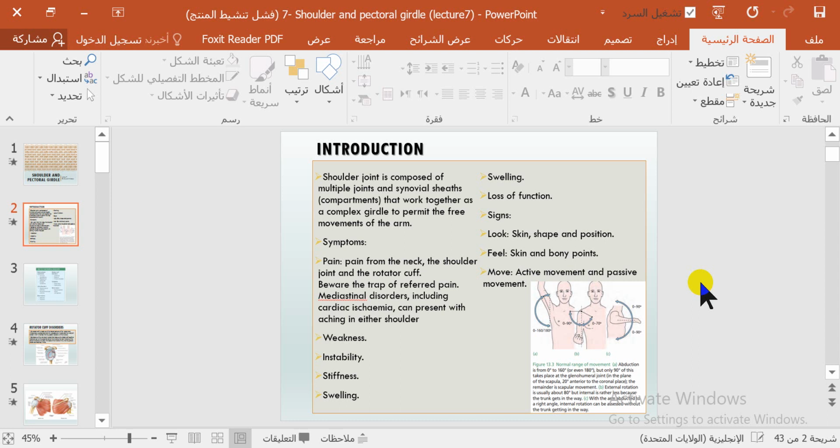Looking for the skin, the shape of the shoulder, the roundness of the shoulder, the posterior part, anteriorly, and so on. And also feeling the skin and the bony prominent parts on the joint margin, and so on.